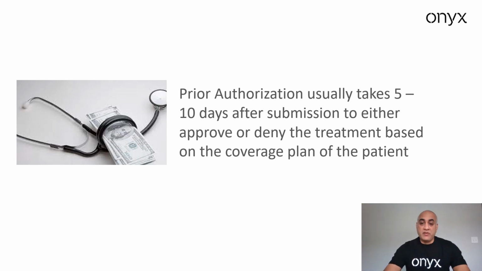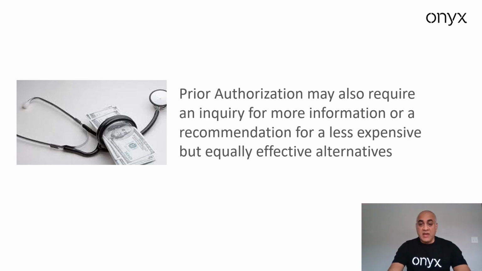Typically, a prior authorization process takes about 10 days, and that's a very conservative timeline. It involves multiple stakeholders, right from the process initiated by the provider up until the approval process on the payer side. Prior authorization also involves multiple back and forth communications between the provider and the payer.